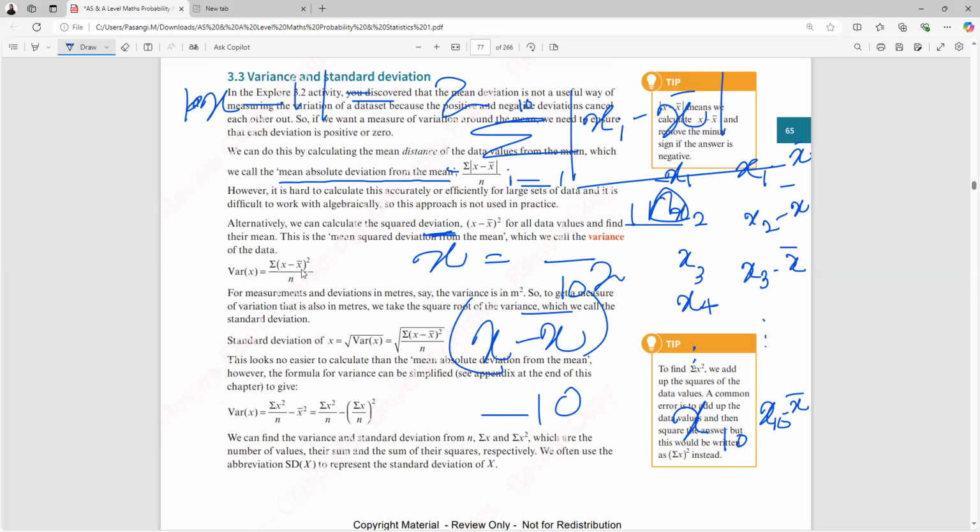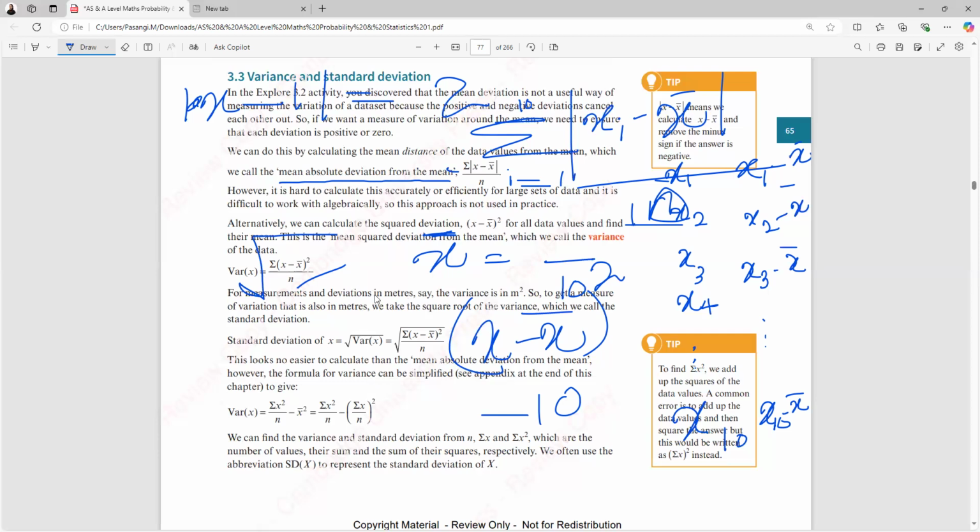We take the differences between data points and x bar, what we call the mean, then square each value, add all these values together, and divide by the number of elements. That's the second method. The third is the standard deviation, the square root of this entire variance.